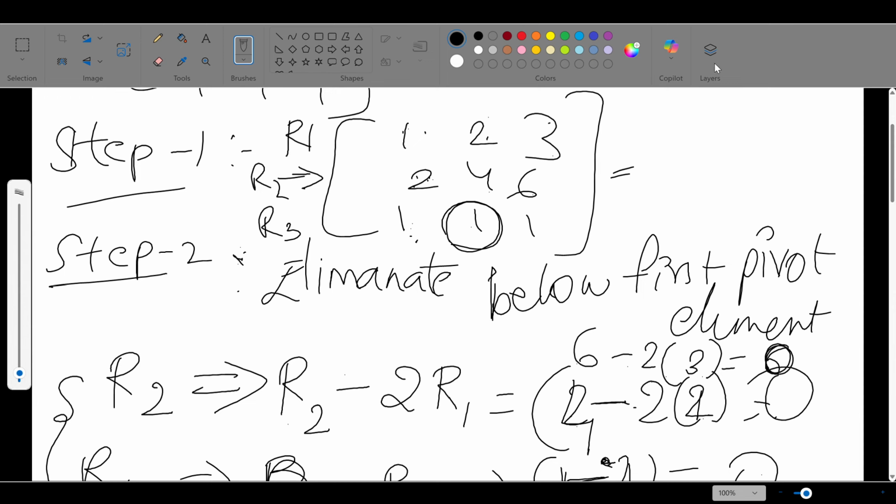Remember, this is not common to every matrix. You should first observe. If you multiply this with the 2, all the elements in the R2 are equal to R1, right? You should observe that logic first, and then we can proceed to further steps.